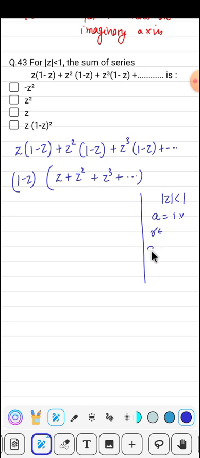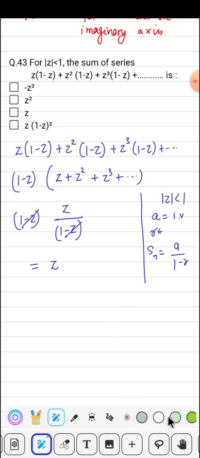So I go with the sum a/(1 - r). So z equals a(1 - r), that is 1 - a. This and this cancel out, I get z. So my right answer is the option z.